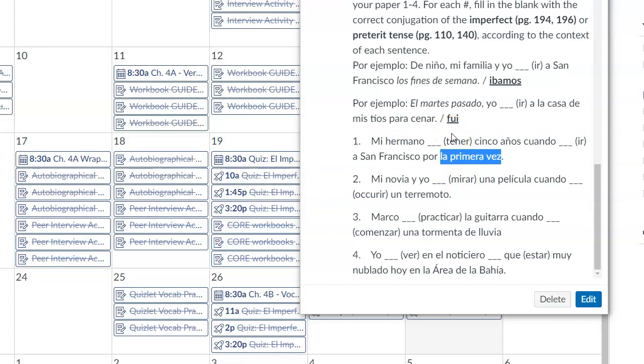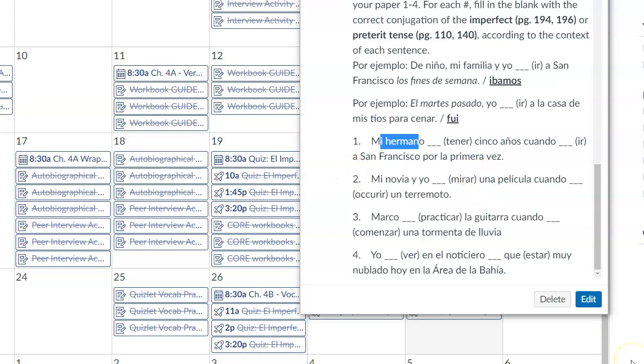So it's got to be a completed action or viewed as a completed action in the past. So preterite of the verb ir, talking about mi hermano, would be fue. Mi hermano tenía 5 años cuando fue a San Francisco por la primera vez.